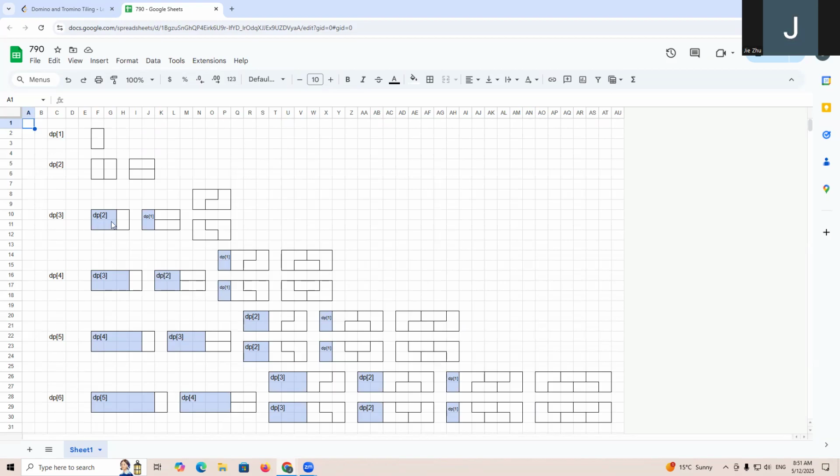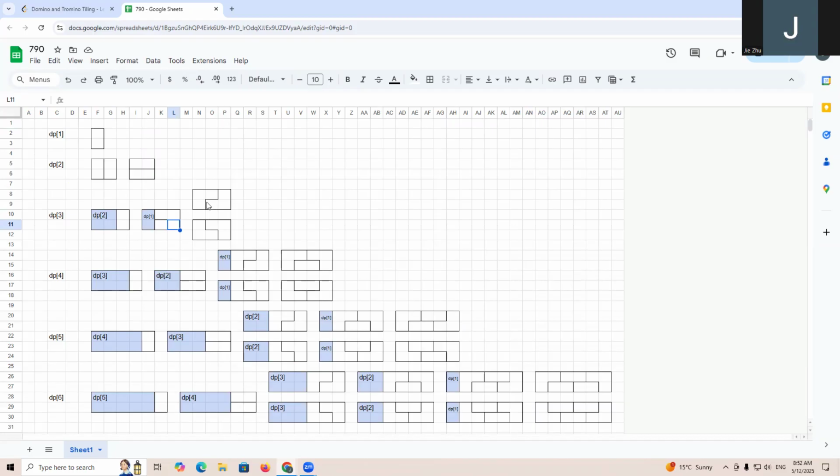And for dp3, we can take dp2 and append a vertical domino here, or dp1 and append two horizontal dominoes. So this part will be dp2 plus dp1.